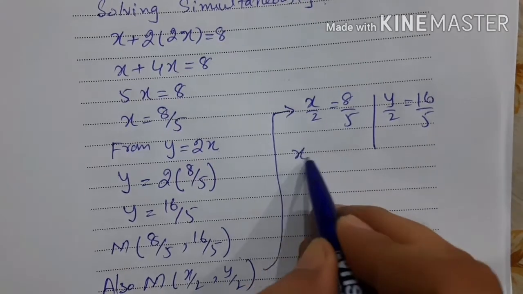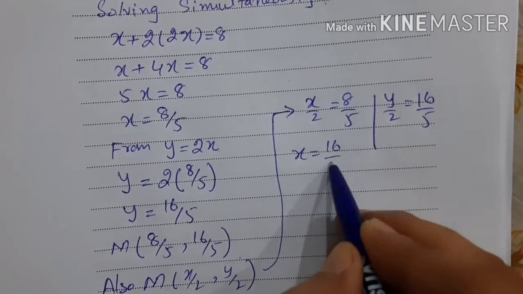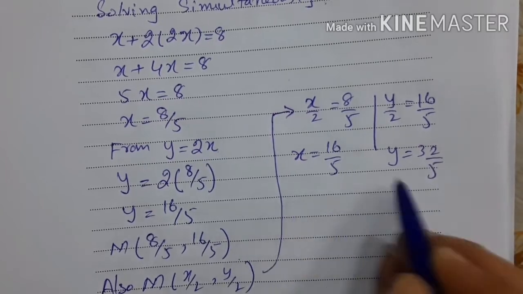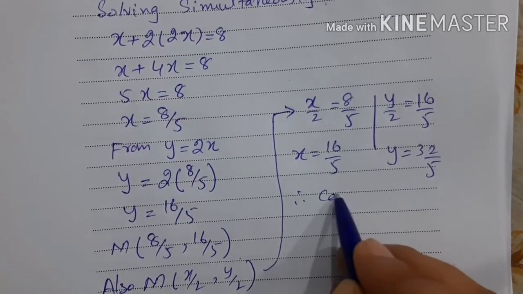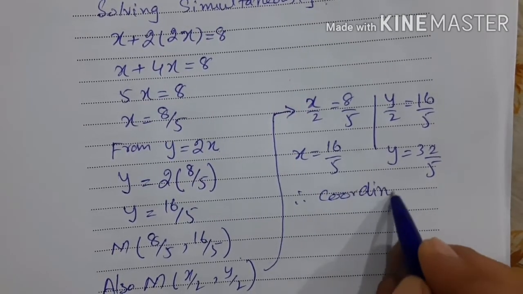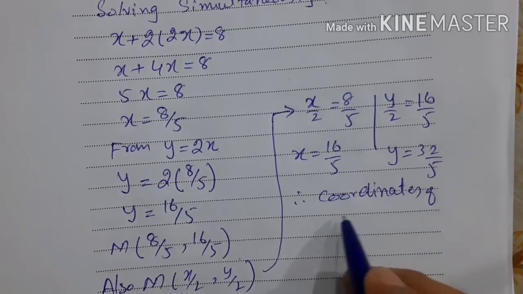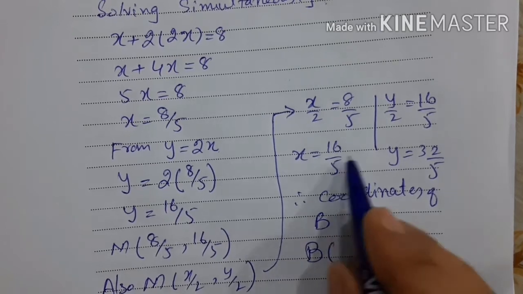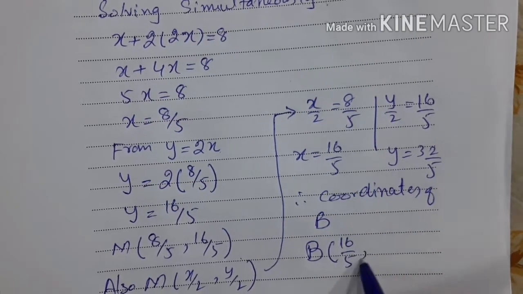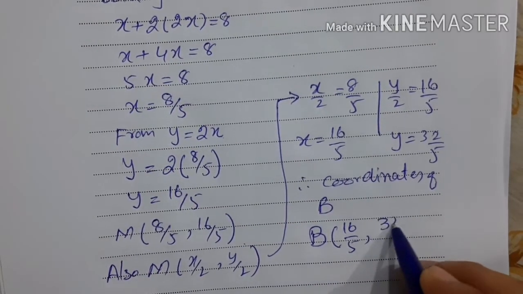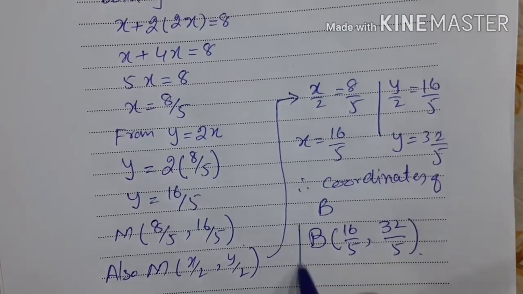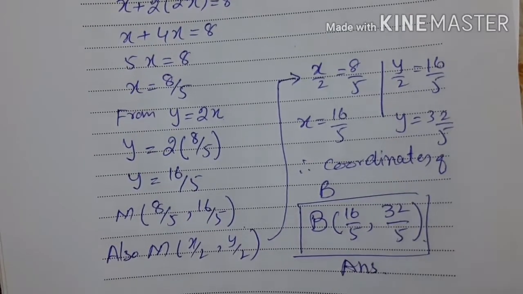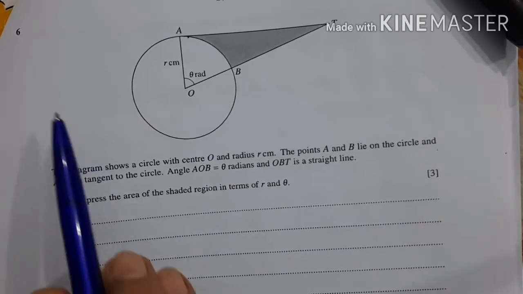So this will become x equal to 16 over 5, y is equal to 32 over 5. Therefore, the coordinates of B will be 16 over 5, 32 over 5. So these are the coordinates of B. This is our answer.